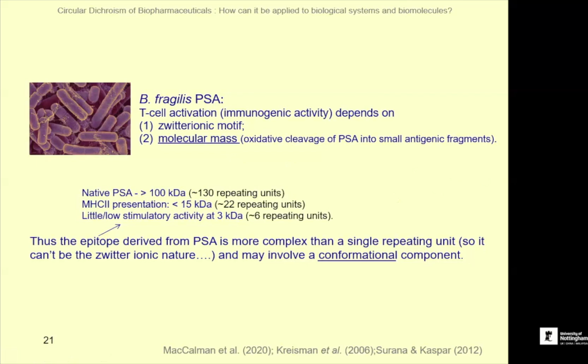Okay. So what they found is that native PSA doesn't produce much of a response. It produces some response, but when it's in its native state, very large, 130 repeating units, you get some T cell response.